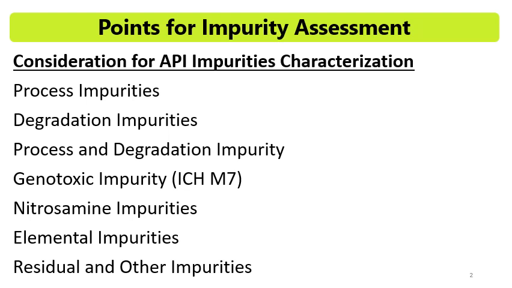First of all, whenever you are going to study the formulation, you need to understand the impurities of the API. So consideration for API impurities is to be done. The consideration should involve in-depth understanding about the process impurities, then degradation impurities, and some impurities which are process as well as degradation impurities.